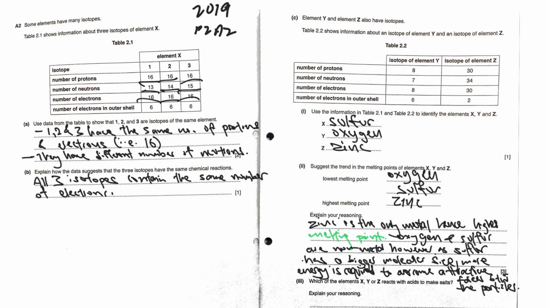So therefore, the melting point will be higher in sulfur as compared to oxygen.